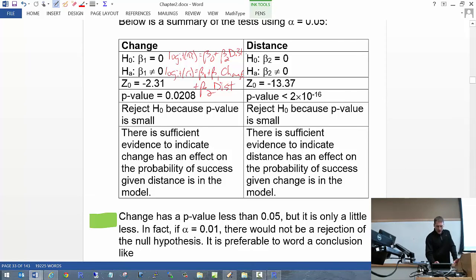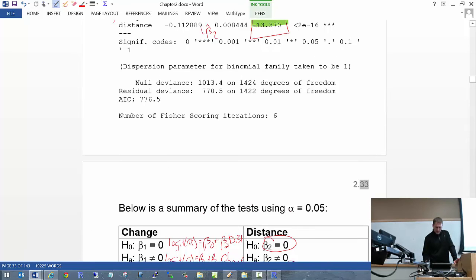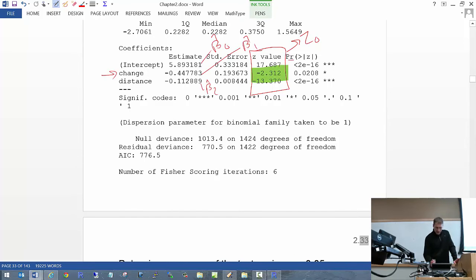Now, on the other hand, let's take a look at distance. So I'm testing beta 2. Is that equal to 0 or not? In the output, the test statistic is negative 13. For the p-value in the output, just to make sure you're familiar with what this means, you see less than 2e negative 16. That's as small as my computer will go in terms of calculating p-values based upon the numerical precision that's available to it.